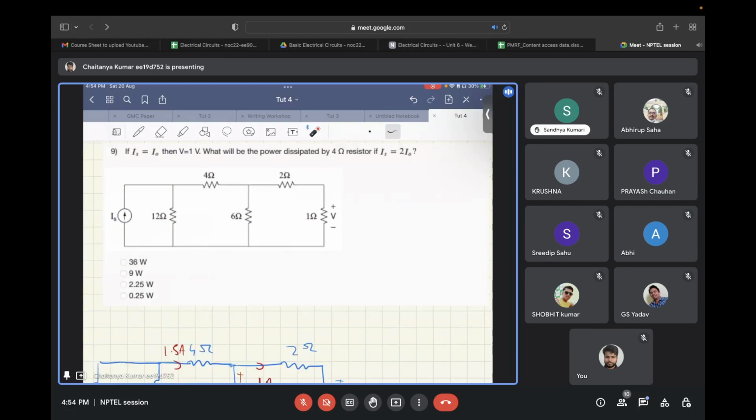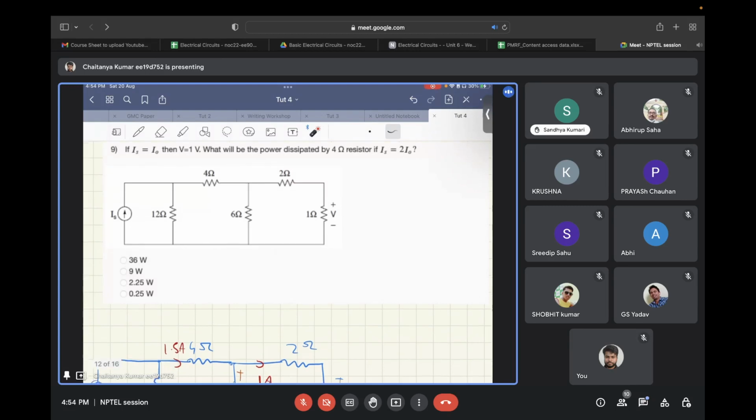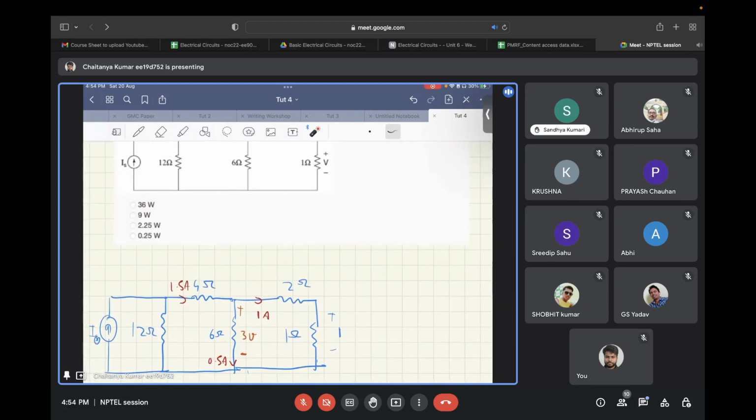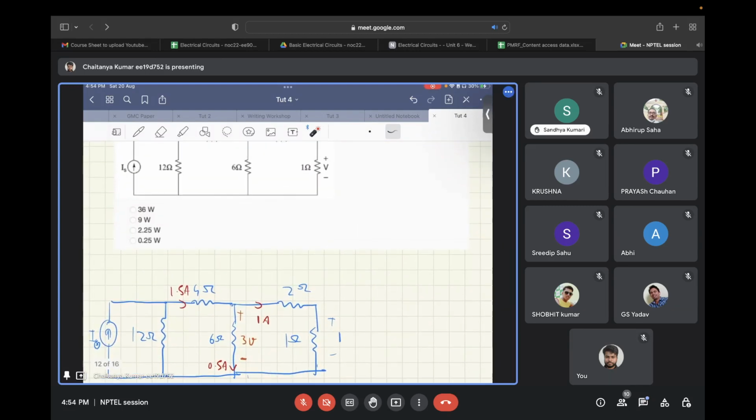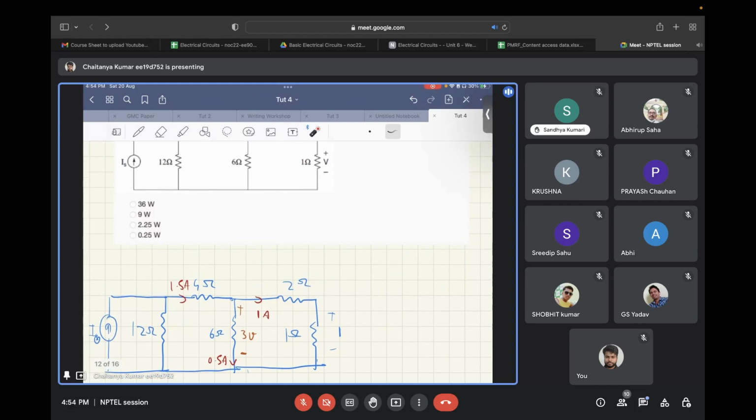In this question, first of all, since the voltage across this 1 ohm resistor is given as 1 volt, the current flowing will be 1 ampere. And if 1 ampere flows through this 2 ohm and 1 ohm in series, the voltage developed will be 3 volts.